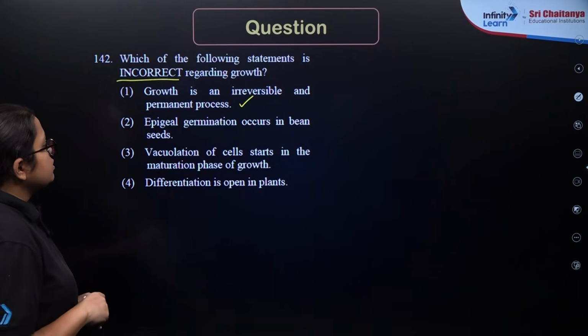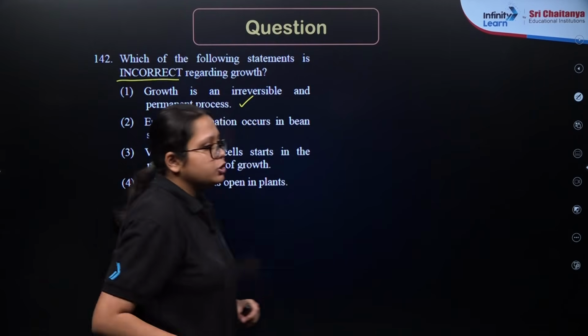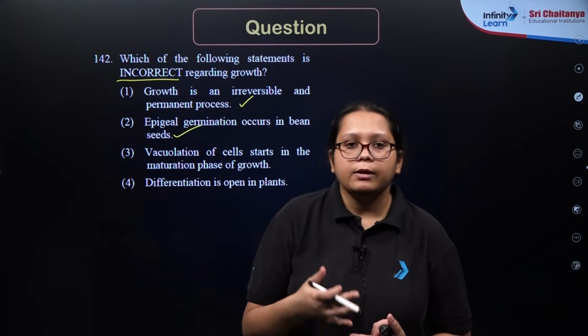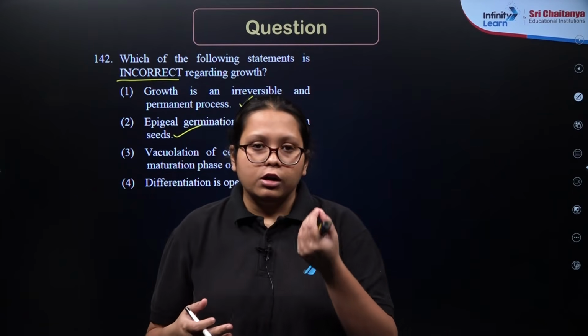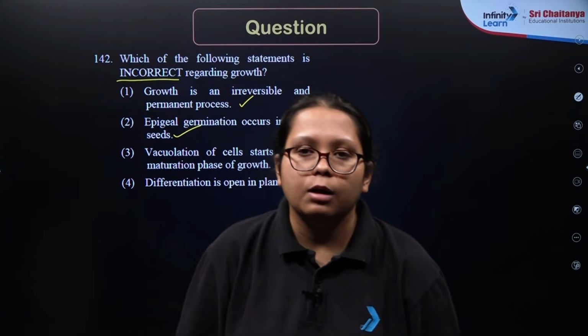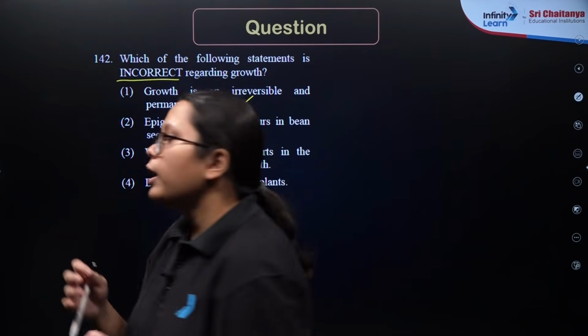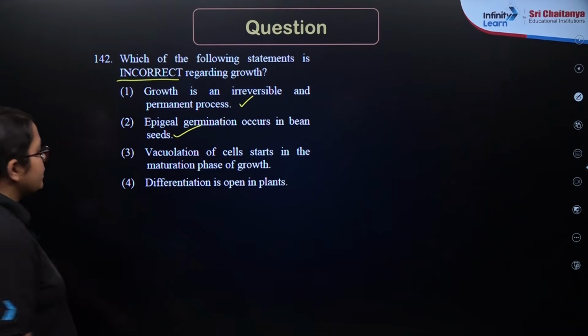Epigeal germination occurs in bean seeds, which is also true. What is epigeal germination? In epigeal germination, the hypocotyl will grow towards the ground and will push the cotyledons above the soil surface. That is your epigeal germination, which is found in bean seeds, which is true.